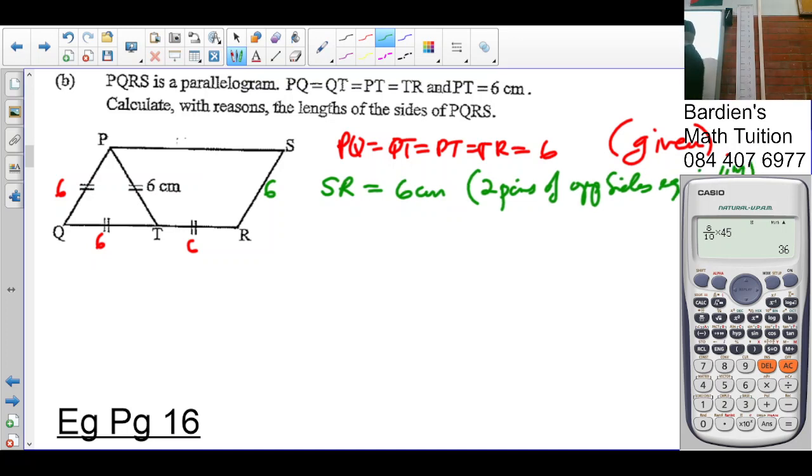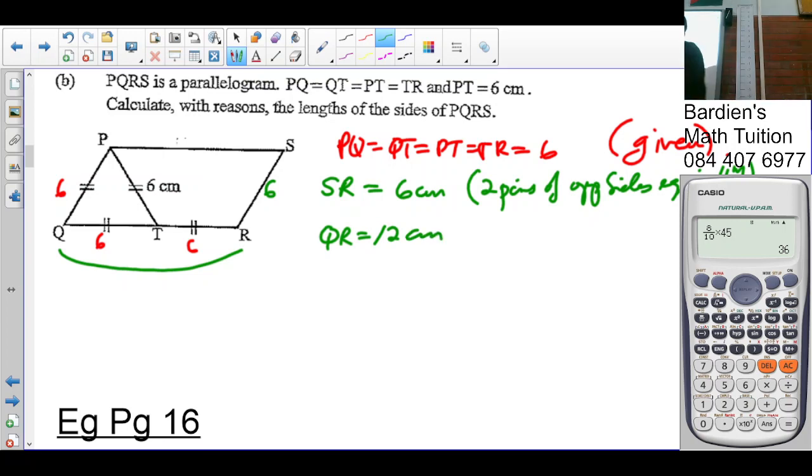So there is a 6. Have we stated what the length of QR is? No? So we can now say that QR is equal to 6 plus 6, which is 12 centimeters.